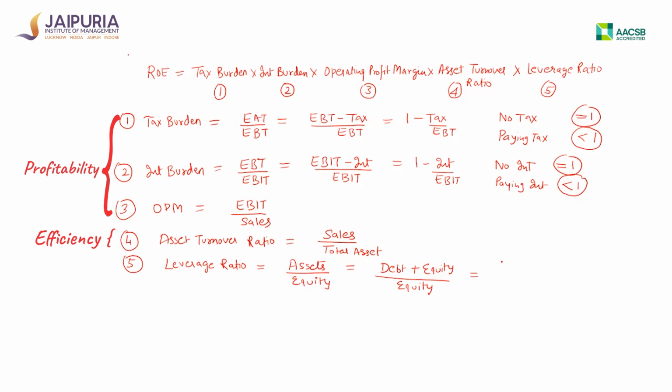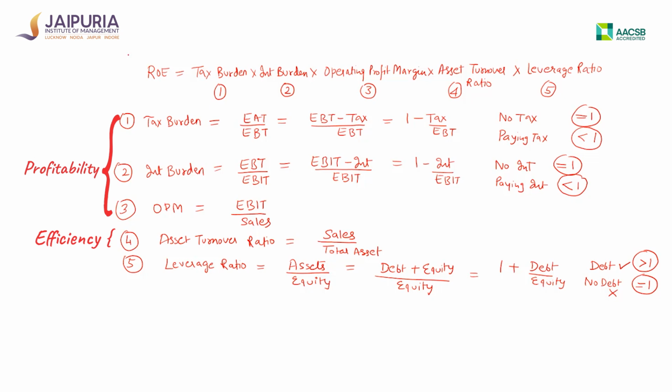So we can write it as 1 plus debt upon equity. If debt is present in the business, this ratio will always be greater than 1, and if no debt is there, this ratio will be equal to 1. So these are the 5 components of ROE.